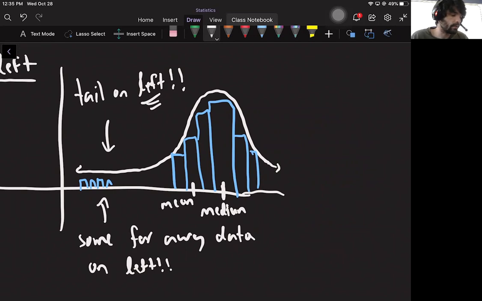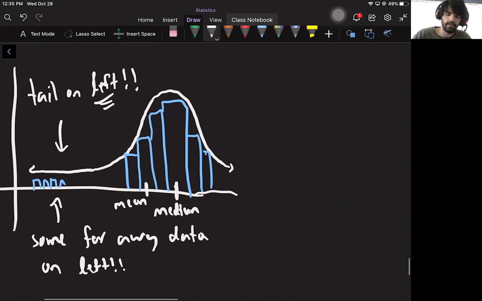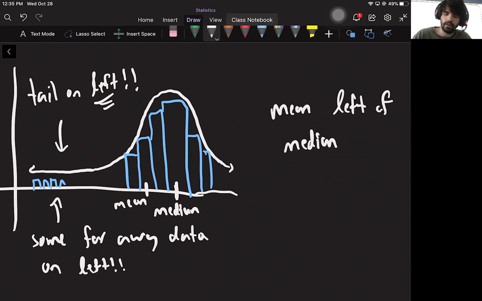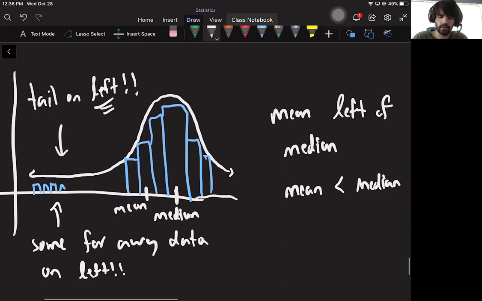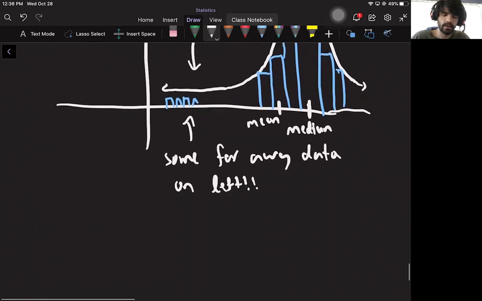It'll get pulled down. So the mean will be to the left of the median, or in very mathy terms, people like this symbol, less than. Okay. So now maybe you can guess what the next histogram will be based on this name. It's going to be skew right.